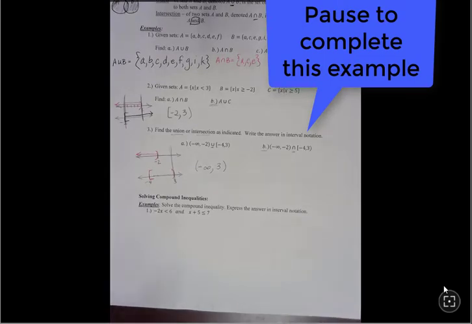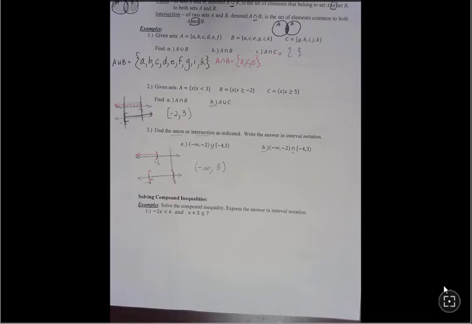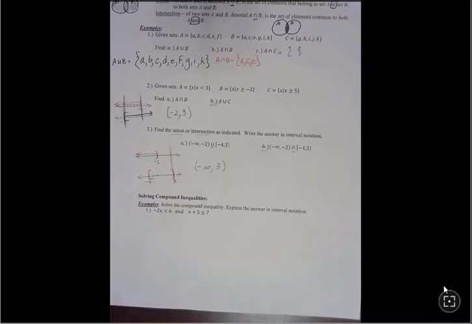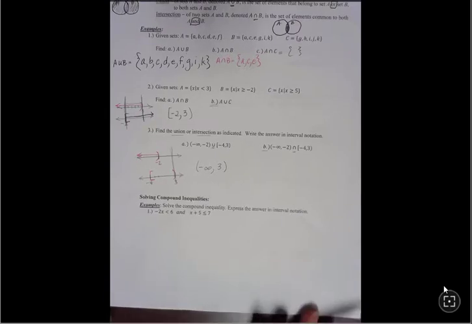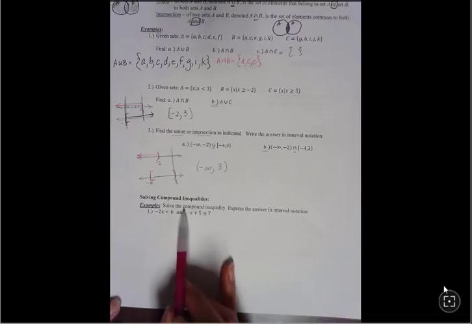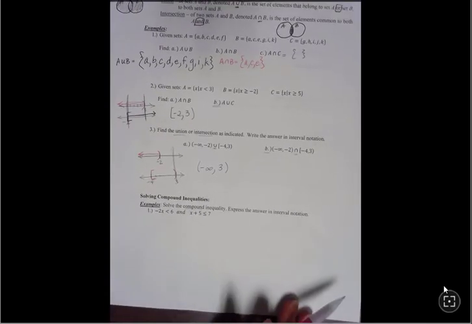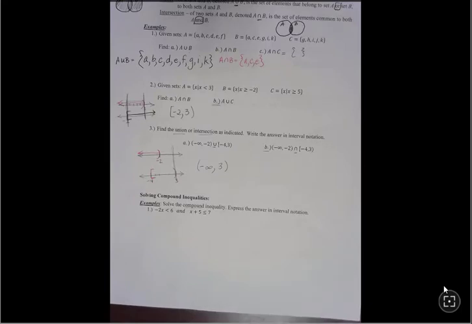All right, the last example that we're going to do is solving compound inequalities. And we are going to just quickly review the idea of union and intersection. So a compound inequality is like a compound statement in an English class.